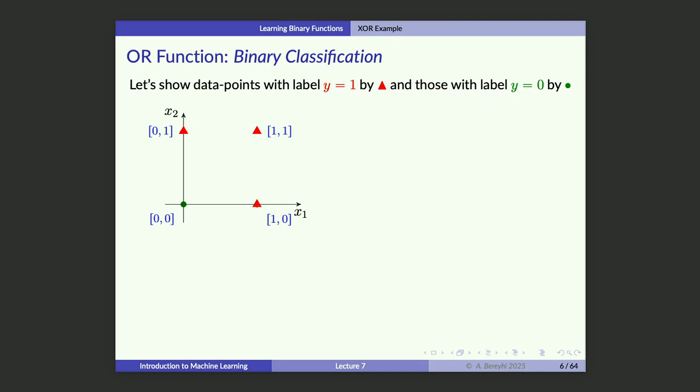Now, can I find a line which separates these two? Everybody? Yes? I can do it, right? I can just make one line like this. On one side, everything is labeled 1. On the other side, everything is labeled 0. So that's fine. I can solve this problem with a linear classifier, correct?